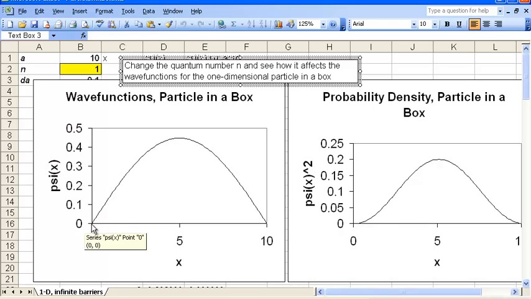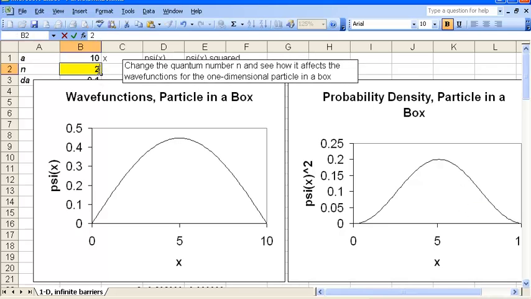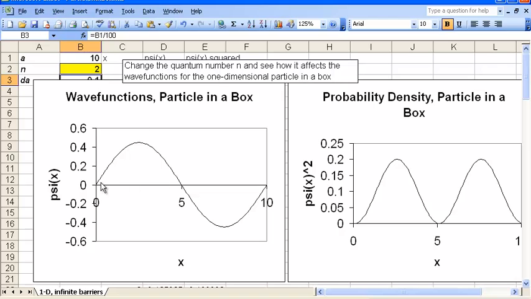The wave function has to be 0 there, and here it has to be 0 there. That's our boundary conditions. Because of those boundary conditions, we got quantization of energy levels and of the wave function. All right, so right now n is equal to 1. This is what the n equal 1 wave function looks like, and if you square that, this is the probability density. Let's see what n equal 2 is. N equal 2, here's the wave function.